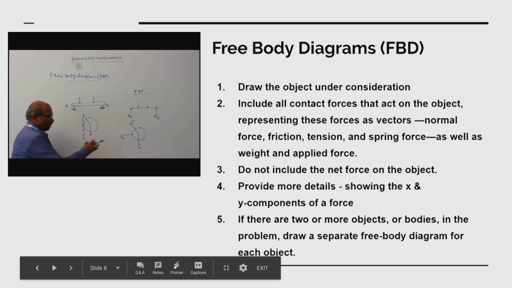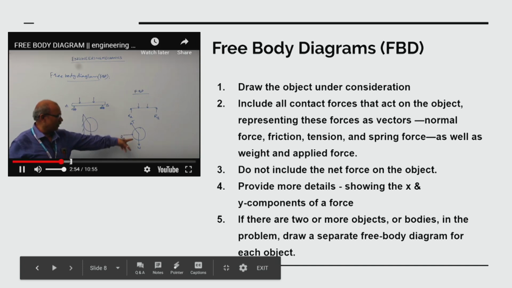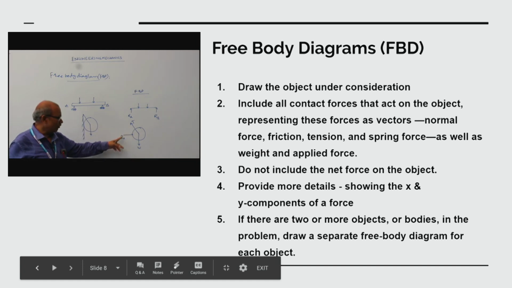So these are called free body diagrams. Only after we have drawn the free body diagrams are we able to find or evaluate the forces. Here, suppose we want to find the tension in this spring or in this steel string. To evaluate the tension, we have to find the different forces acting on the object.